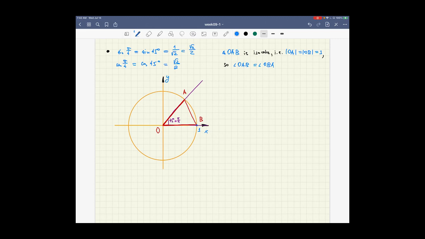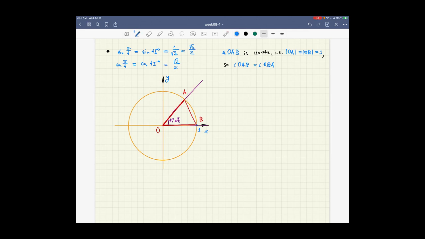Let's say both are equal to some number. Maybe we need to introduce some new letter for that angle. But keep in mind our goal.